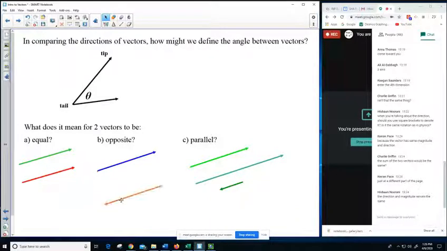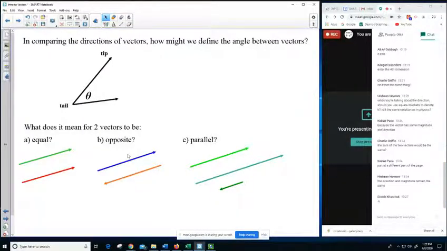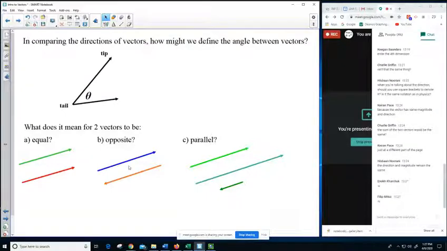Now, can you think about a way that I might use notation to compare these two vectors? Say this blue vector was vector u. Do I have something that would be a reasonable notation? Negative u? There you go, negative u.